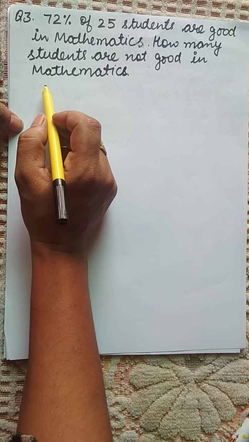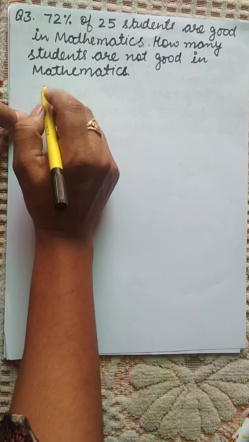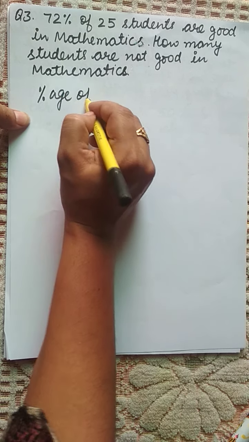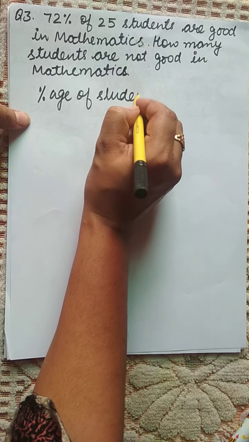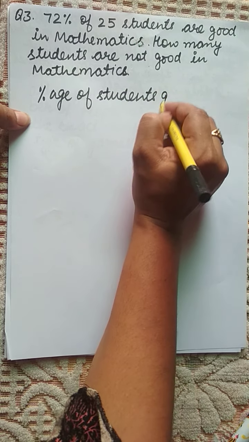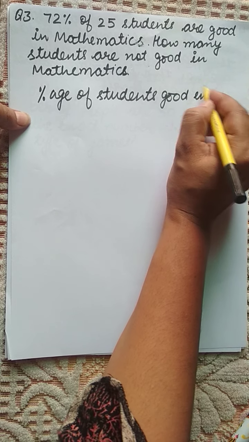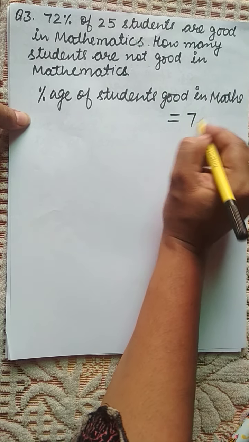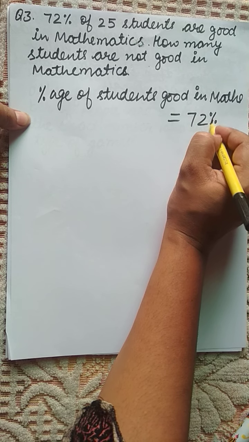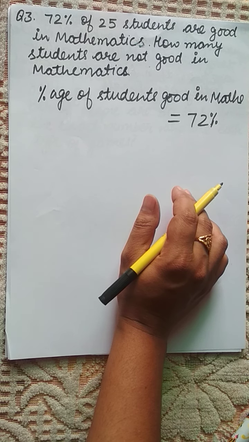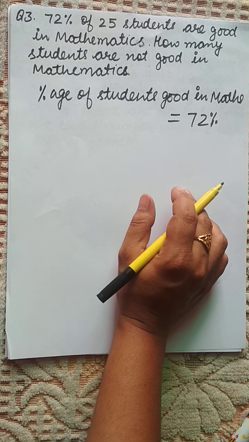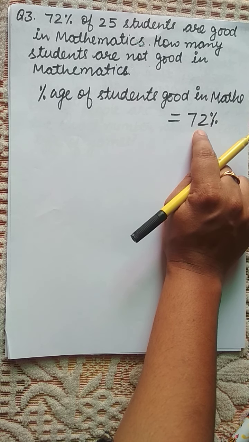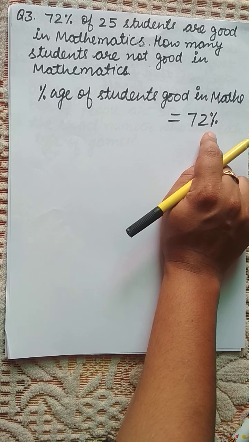As firstly given statement is percentage of students good in maths is equal to 72%. Students, we always find out the percentage out of 100. So we can say that out of 100%, 72% students are good in maths.